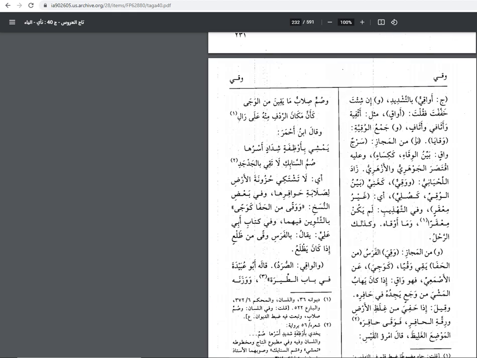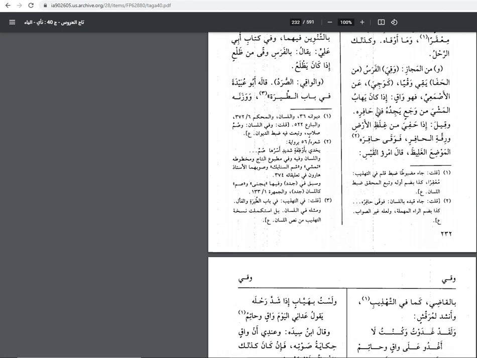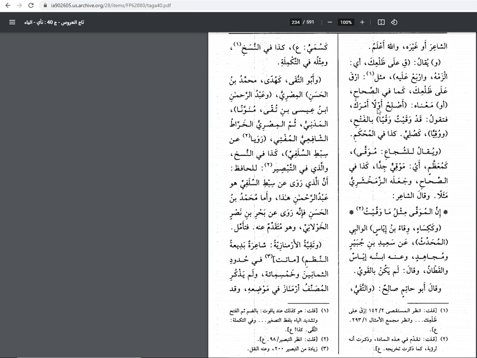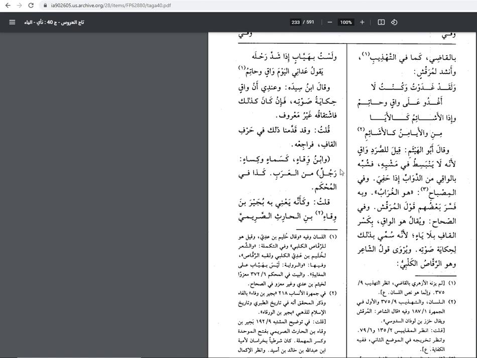And all the other forms that are derived from the root letters waw, qaf, ya are given throughout this section. So that is how we are able to look up words in the dictionary of al-Zabīdī called Tajul Arus.